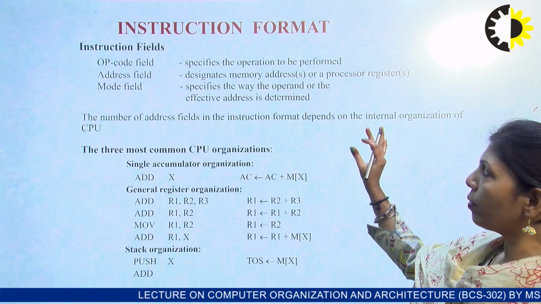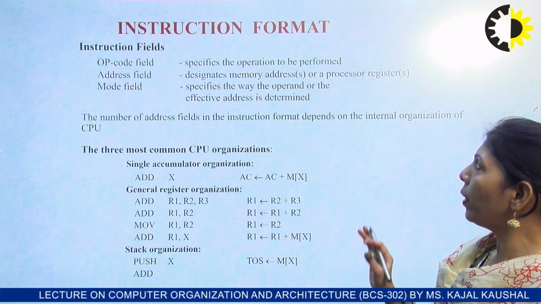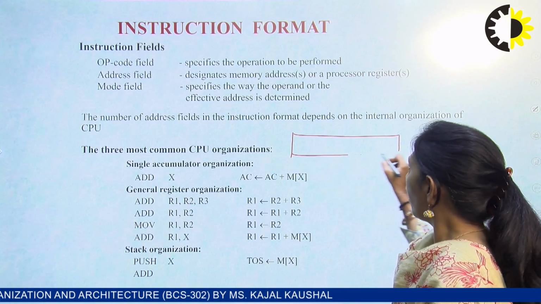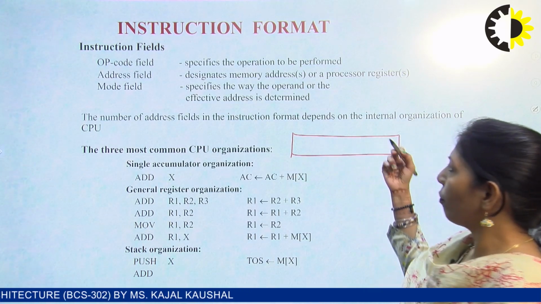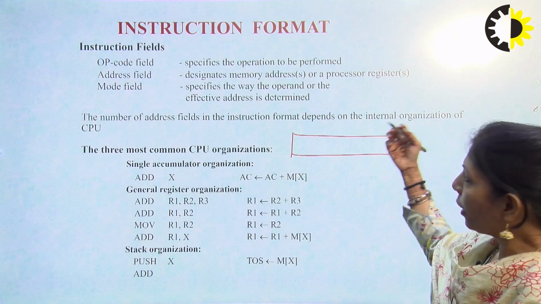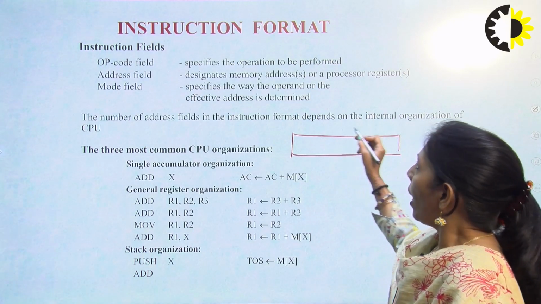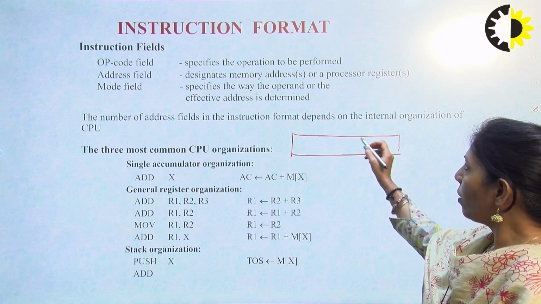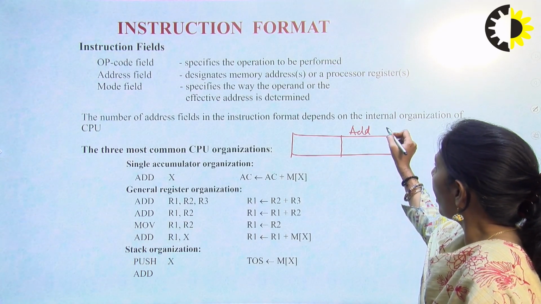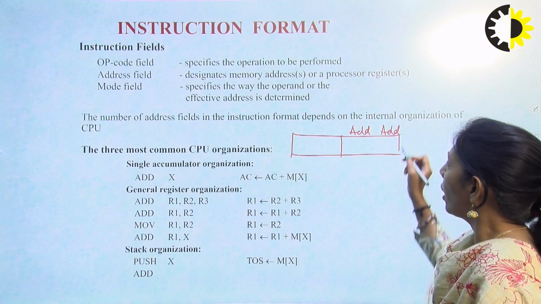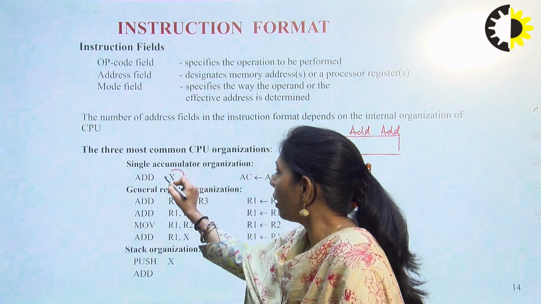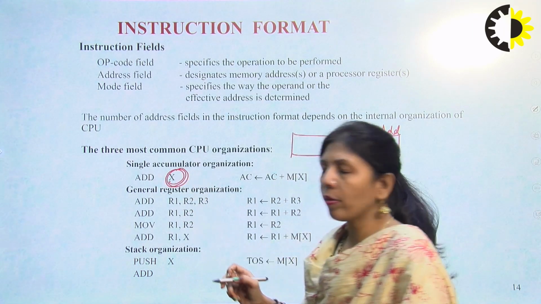So, instruction fields: we can say a simple instruction has three parts. First is the mode field that specifies the way of the operand, the second is the opcode, what to do, and the third part is the address. And these addresses depend upon the type of organization we are using. If we are using a single accumulator, that means we will have a single address over here.